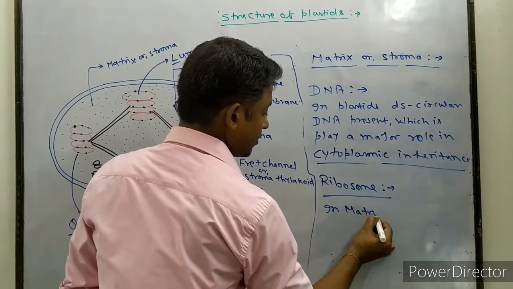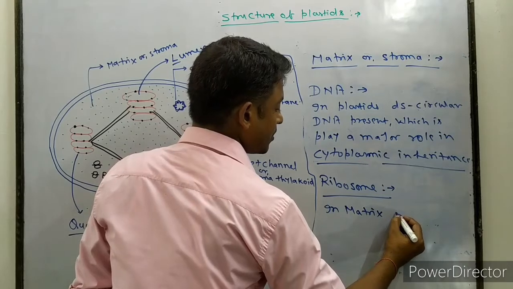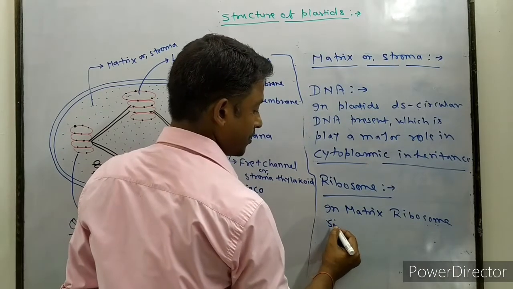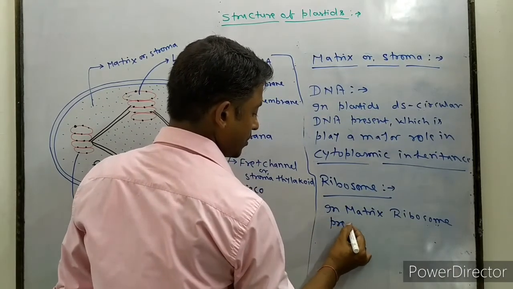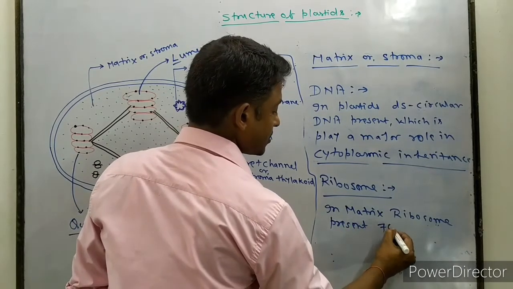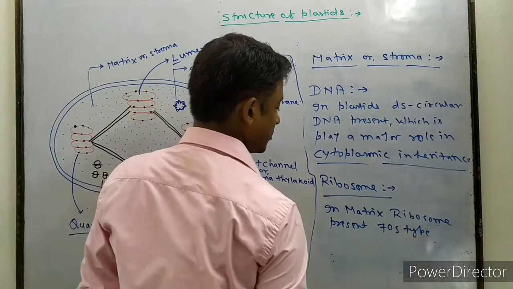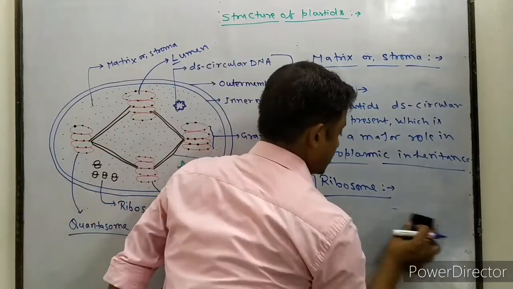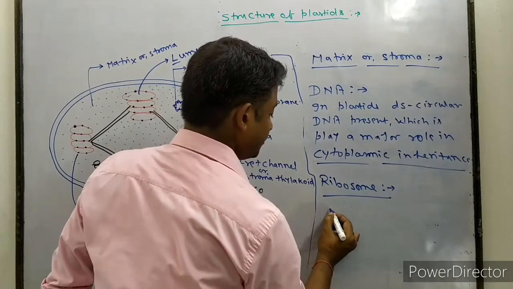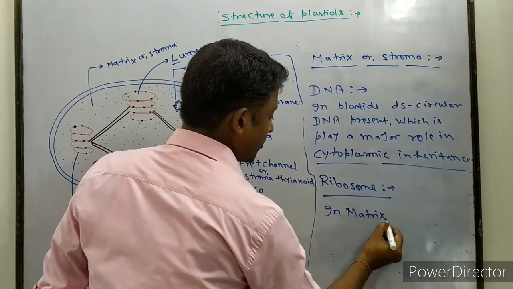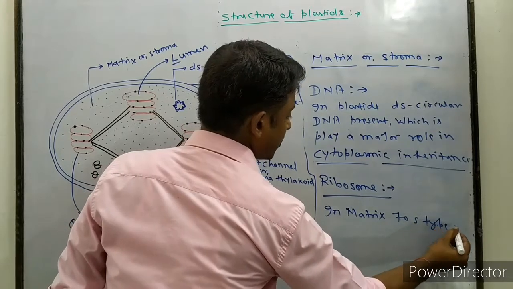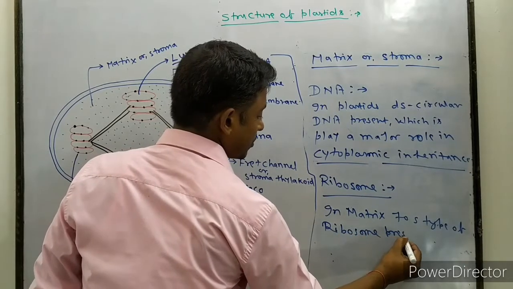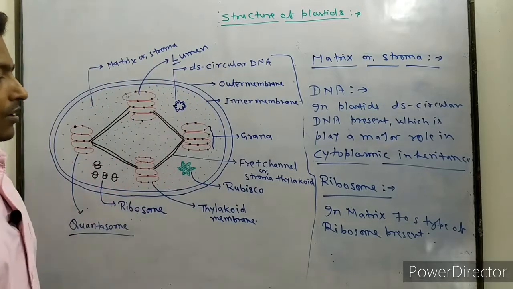In the matrix, 70S type of ribosome is present.